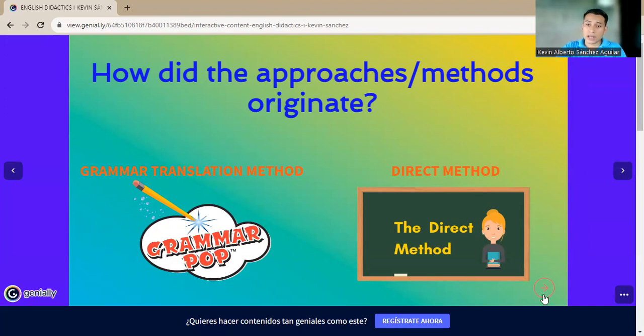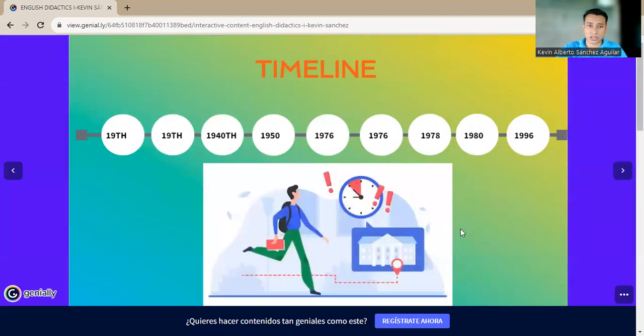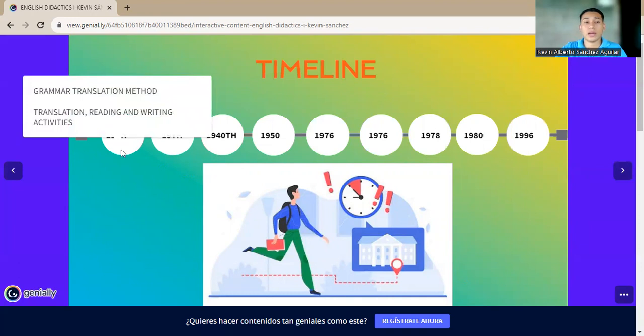So now let's dive into the timeline presentation that I have here. Basically, this is the timeline. In the early 19th century, we have the grammar translation method. As I told you in the last slide, it consists of translating from one language to another language.